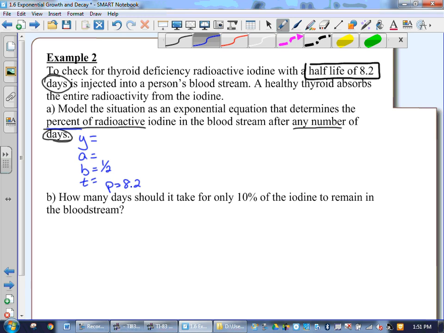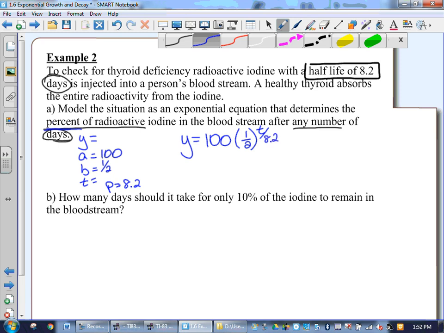When it says model the situation as an exponential equation that determines the percent, well, what does percent start at? It should start at 100 and then decrease over time. Okay? So I'm going to represent my equation as y is equal to 100, because I'm starting with 100%, times my rate of change, which is half, to the power of t over the period it gives me of 8.2.